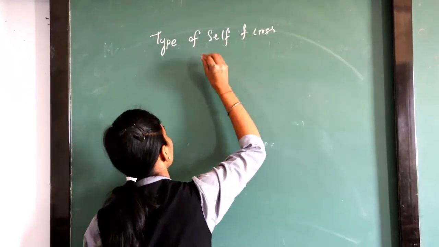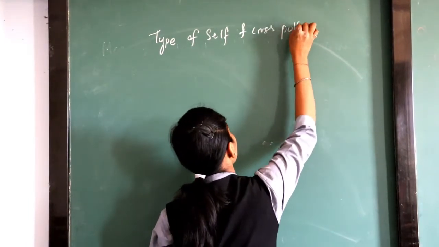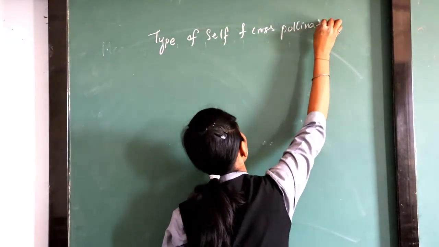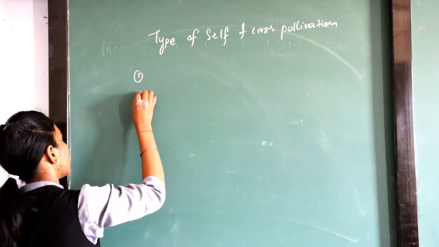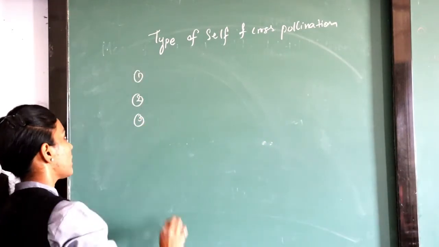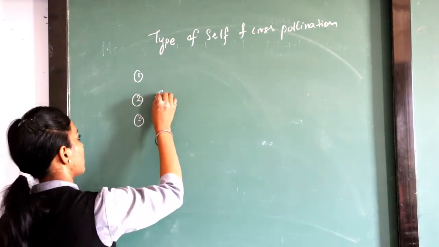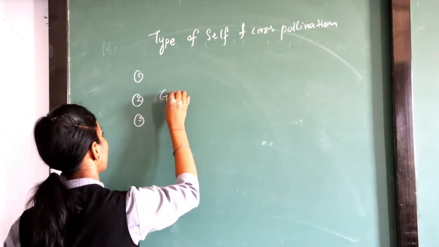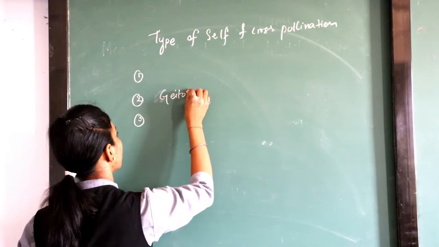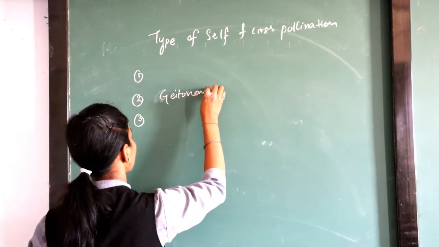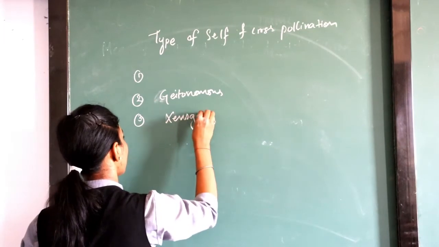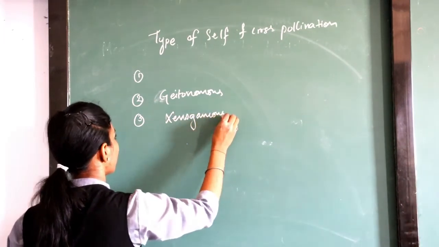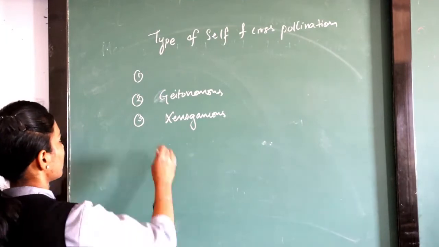In cross pollination we have geitonogamy or geitonogamos, and xenogamous.